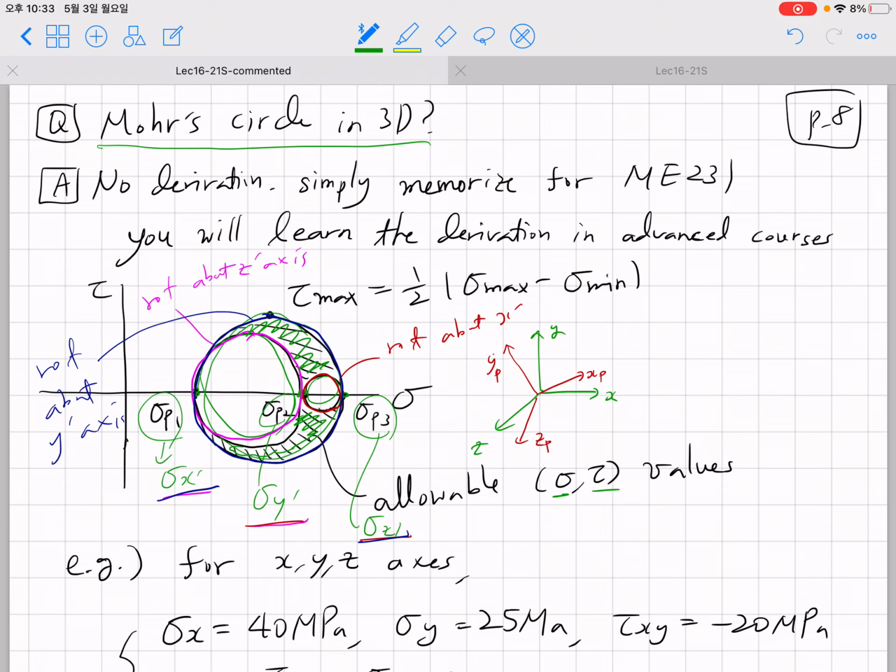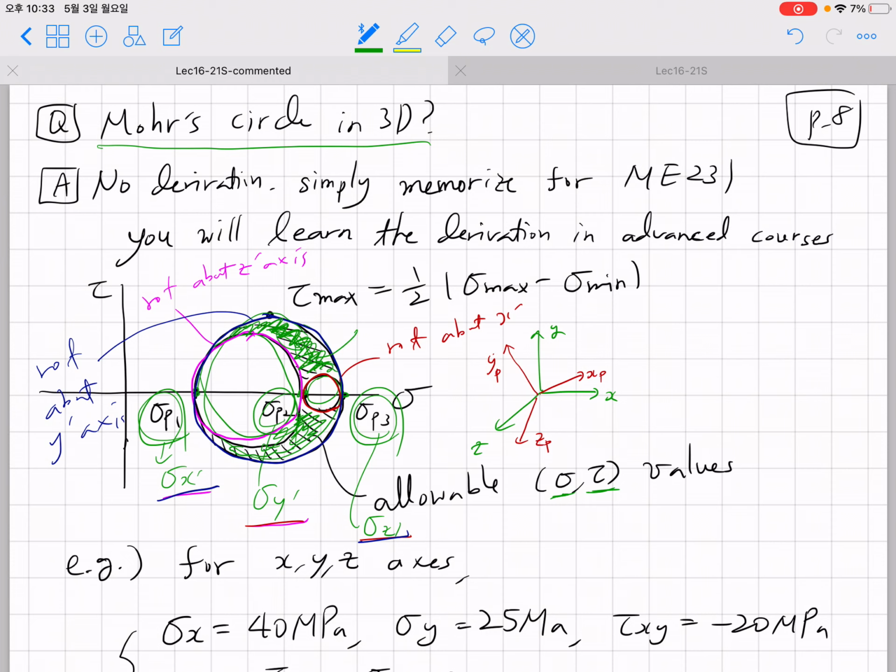Of course, it's really complex to find the sigma and tau values that are hidden in this shaded region, so we'll skip the discussion there. But what you have to remember is once you find three principal stresses, you can complete the 3D Mohr circle, even though we're not gonna learn how to use this shaded region.